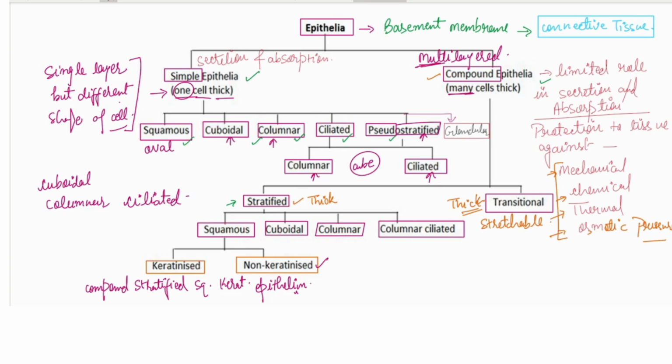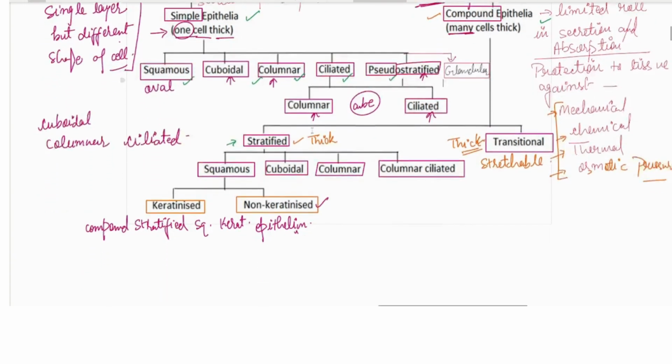Glandular means maybe unicellular, maybe multicellular. In detail we will see, but first of all let us see the examples of all the types of simple epithelial tissues, then we will move to the compound epithelium. So let us see the simple epithelium first.